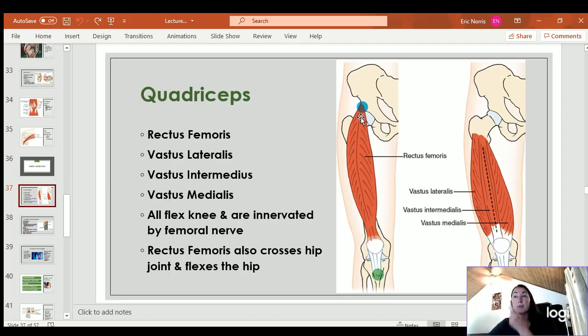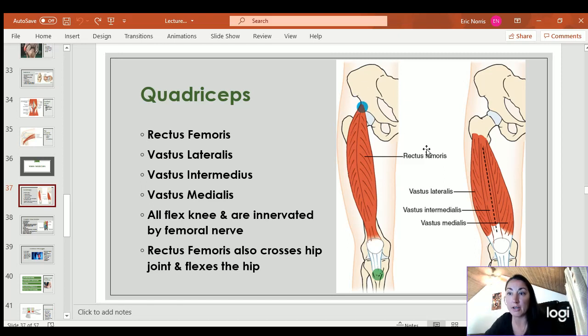We already talked about rectus femoris. It's the only one that is a two-joint muscle. We have vastus lateralis, vastus medialis, and in between, vastus intermedius. They all extend the knee. All are innervated by the femoral nerve. And then rectus femoris, of course, crosses the hip and also helps with hip flexion.